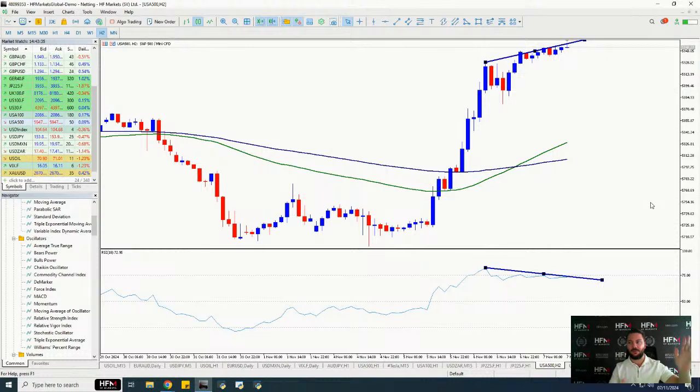So one is up, the other's down, whereas really they should be in the same direction. So that's divergence. That can be a slight signal, ladies and gentlemen, that the price is overbought. But we don't have an official signal for the price being overbought though. So keep that in mind as well.